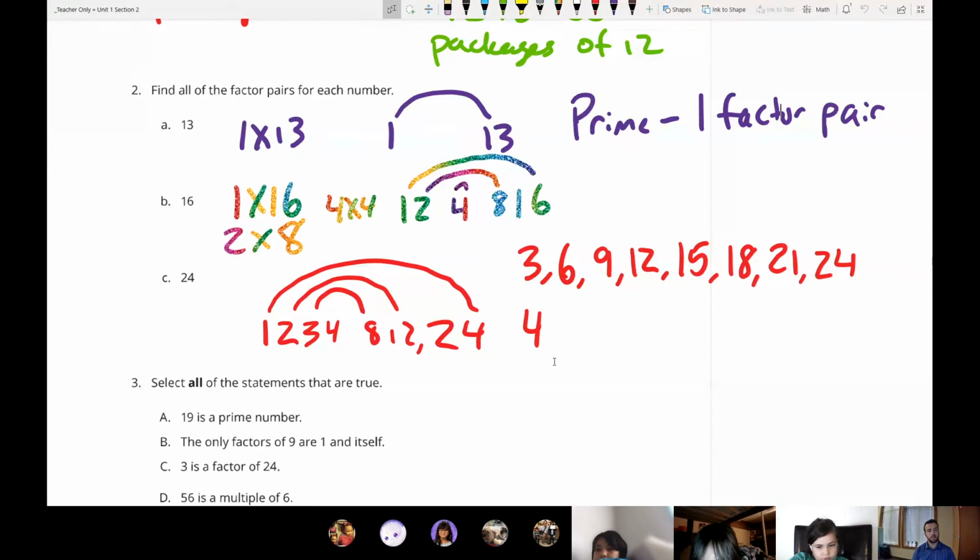Do you want to phone a friend, pass it on to someone else? Mr. Ross. Yes. I couldn't really hear you because the screen froze. Okay. Do you know if 4 is a factor of 24? And if so, what do you multiply it by to get to 24?